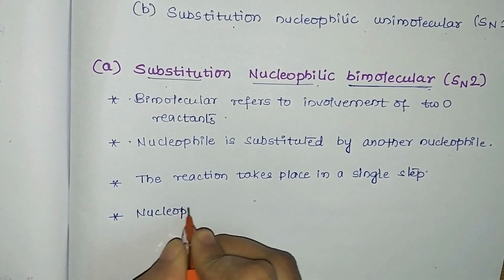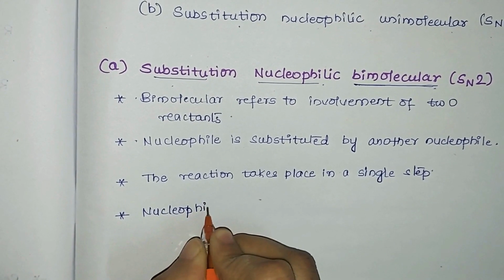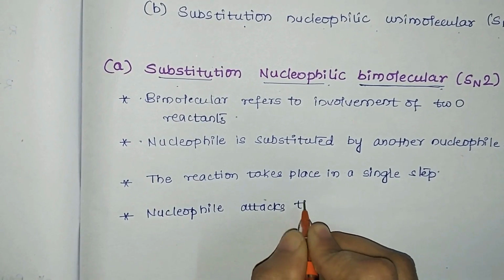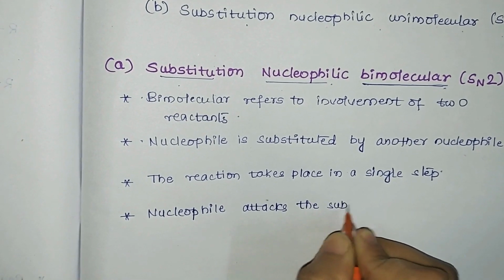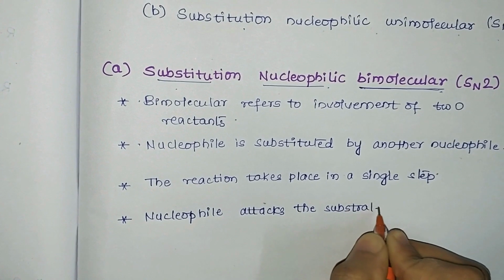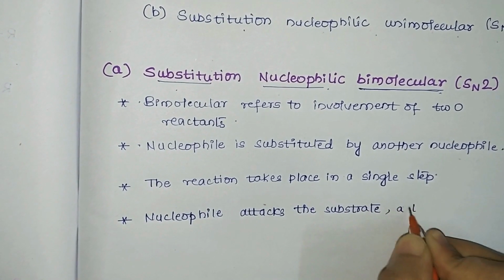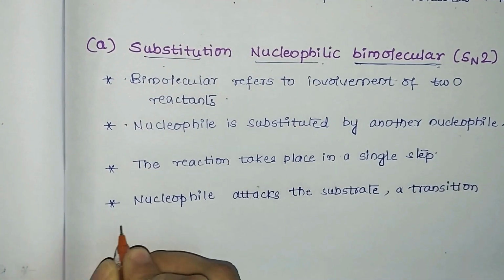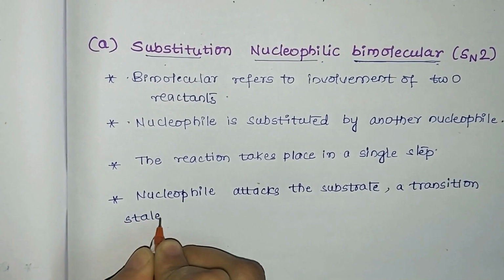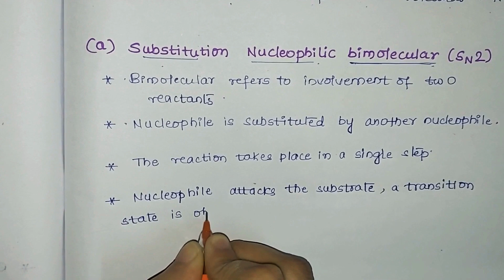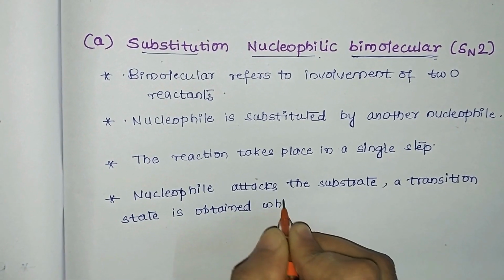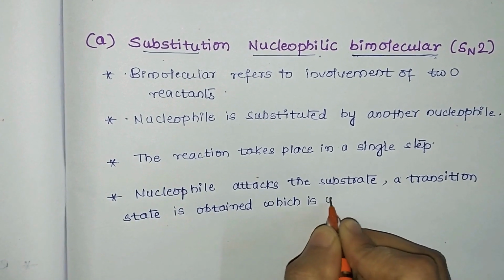And here nucleophilic substitution takes place. So the nucleophile will attack our alkyl halide, that is the substrate, and the halide is removed in the form of a leaving group. When the nucleophile attacks the substrate, a transition state is formed, and this transition state is unstable. Why it is unstable, I'll explain when I write the reaction.